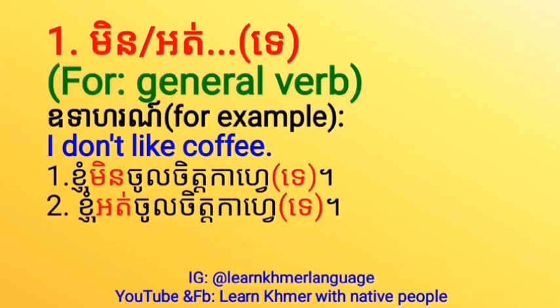In Khmer language, you can say ខ្ញុំមិនចូលចិត្តកាហ្វេទេ or ខ្ញុំអត់ចូលចិត្តកាហ្វេទេ And please note that the word mình or at we put after subject but before verb, as you can see in this sentence, and we put the word te at the end of sentence, and it's optional. You can put or don't put, both are right.